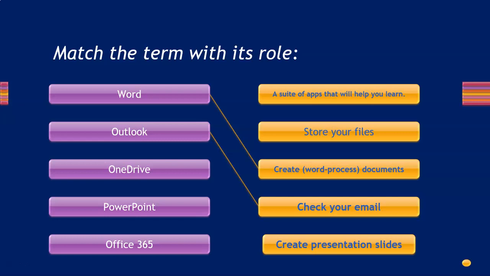OneDrive. That's where you can store your files. PowerPoint. That's where you create presentation slides. And Office 365, that's a suite or a series of apps that will help you learn.